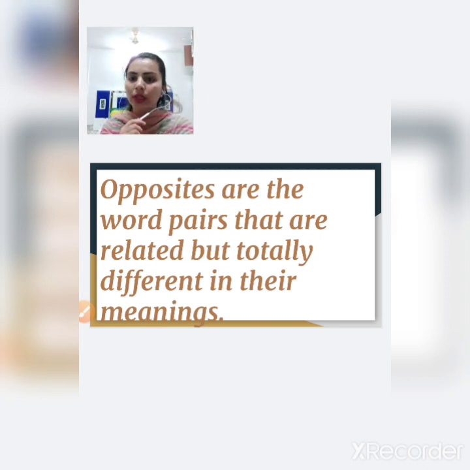Now, got this? Okay, what does it mean? It means that some words which are totally different in meanings but have some relations. These words are opposite words. Okay, I am going to show you some examples of opposites.